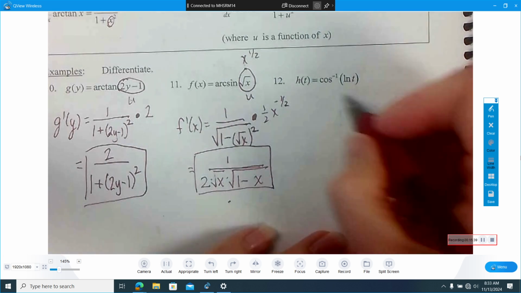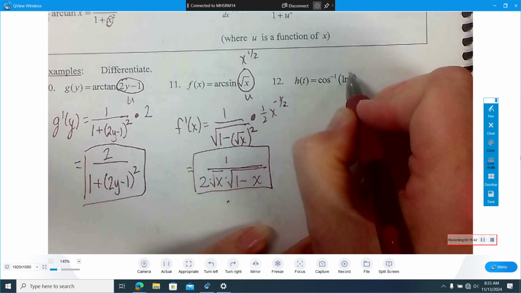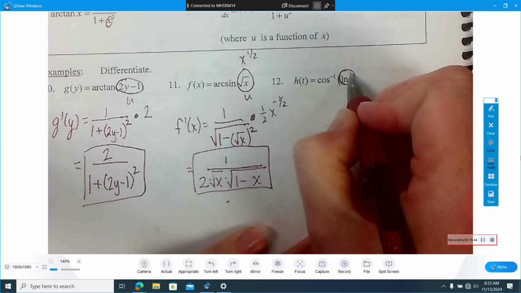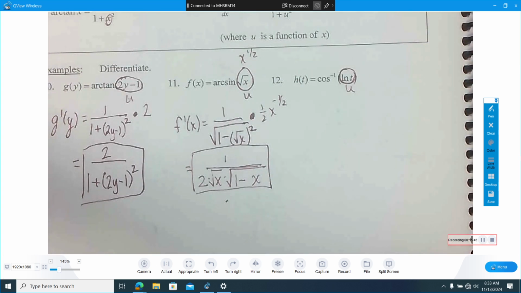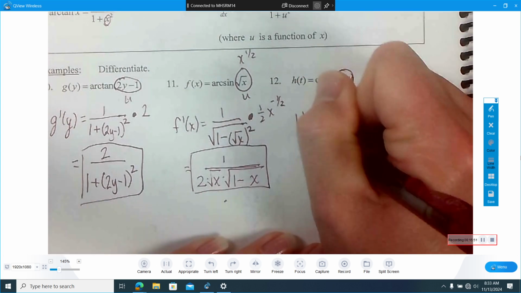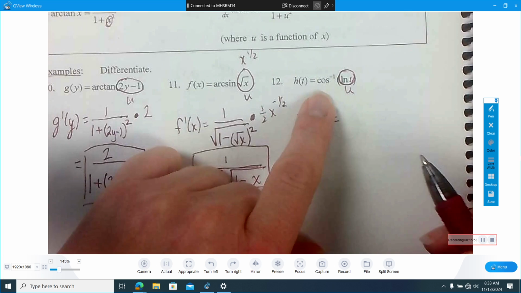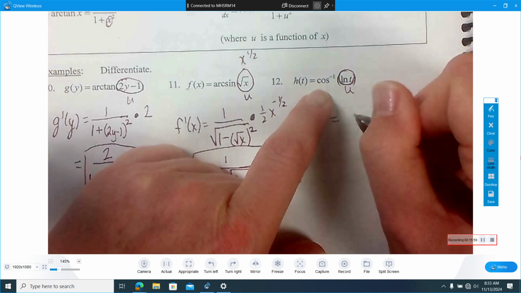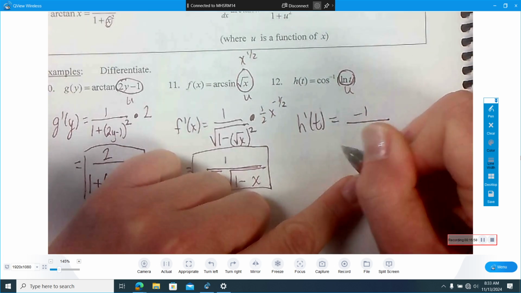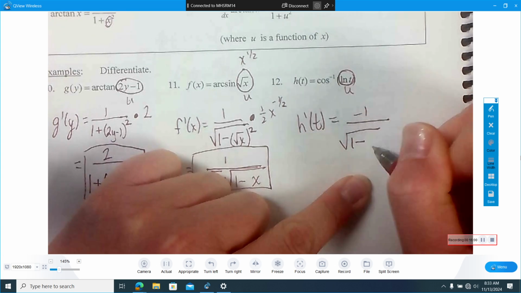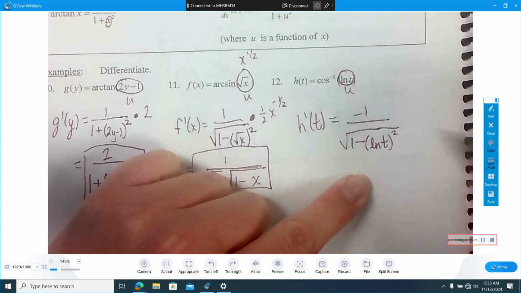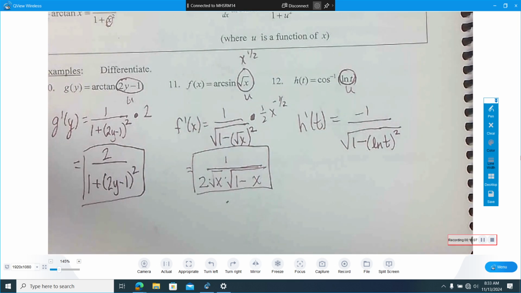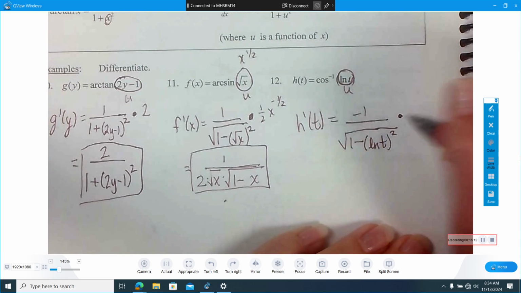Okay. All right, again, arc cosine here. We have a u function, so something more complex than just a plain old x. So we've got to do the chain rule. H prime of t, cosine, got a negative. And big square root of 1 minus u squared, so the natural log of t squared, times the derivative of u.